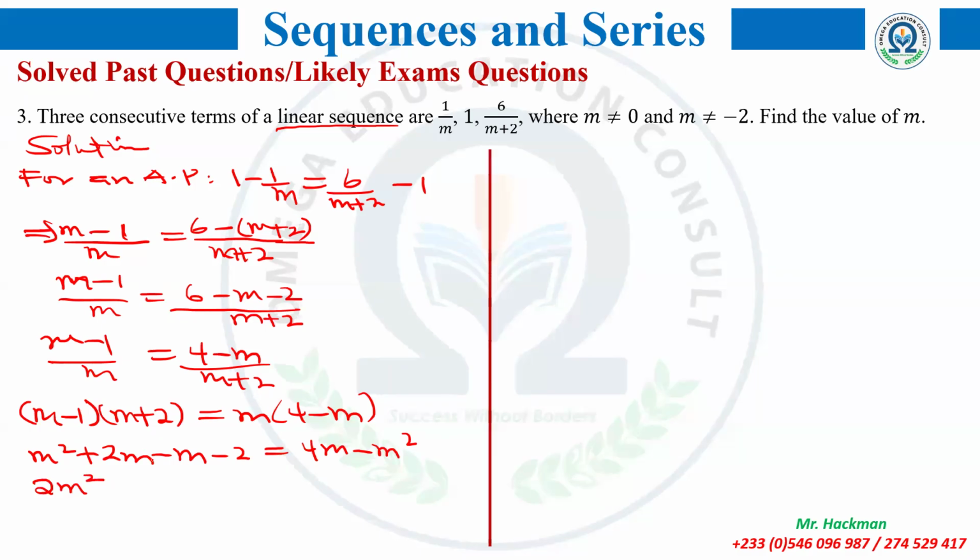And this will be 2m minus m, that will give me m. But this m here will come here, so I'll get m minus 4m, and that will give me minus 3m. I hope you are following. Minus 2 is equal to 0. Do you agree?